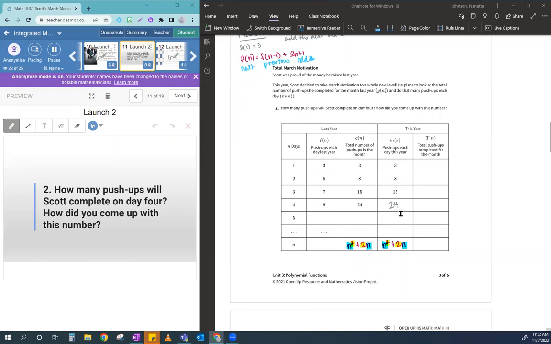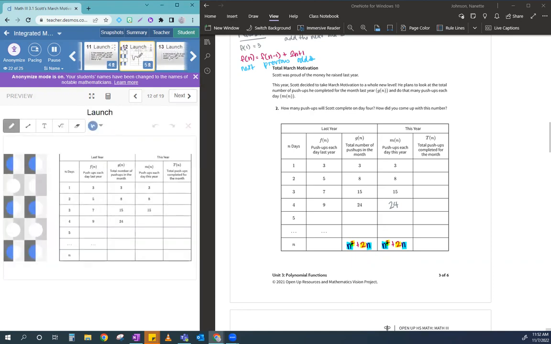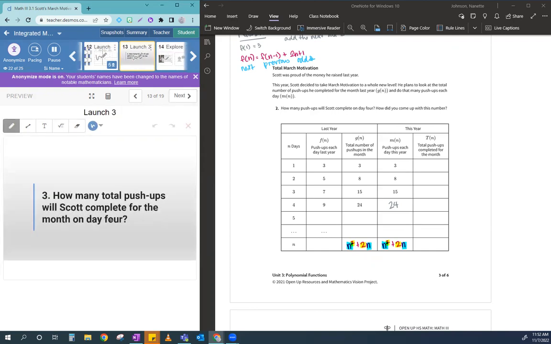Okay, so then that's going to be 24. And then we fill in that table, not a big deal. How many total on day 4? So now they're talking about this column. So total push-ups completed for the month.